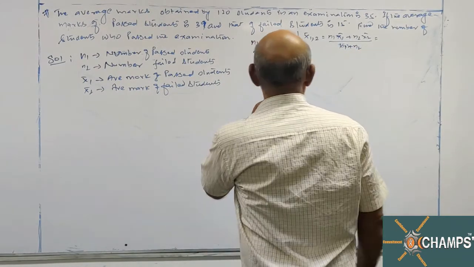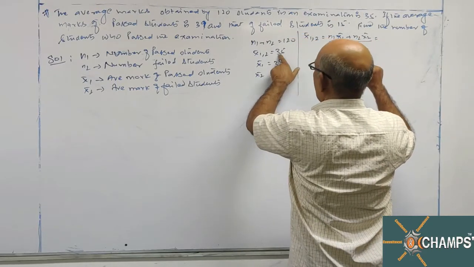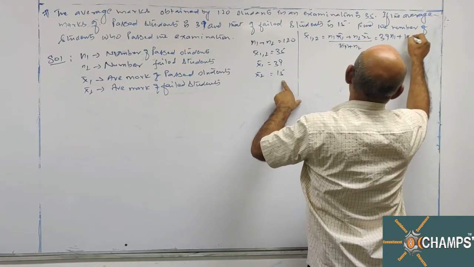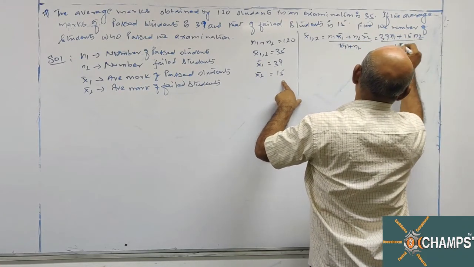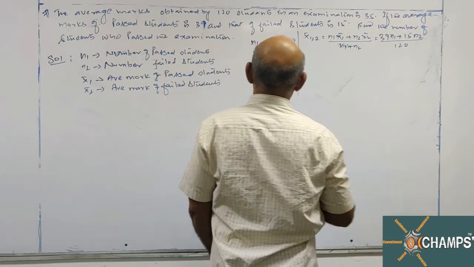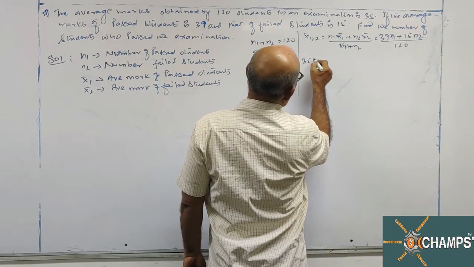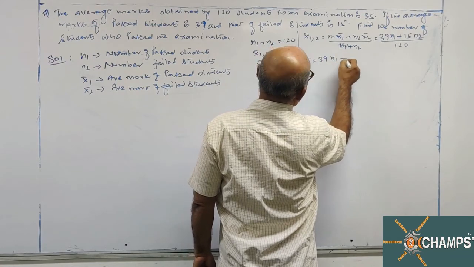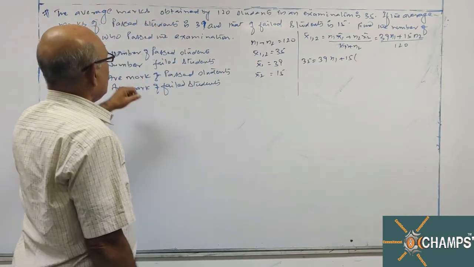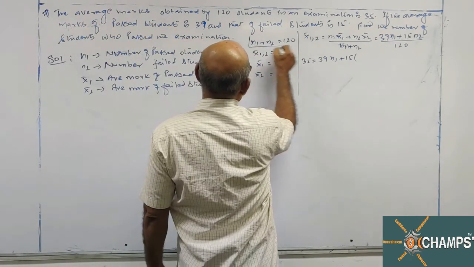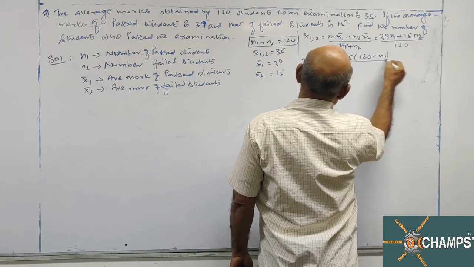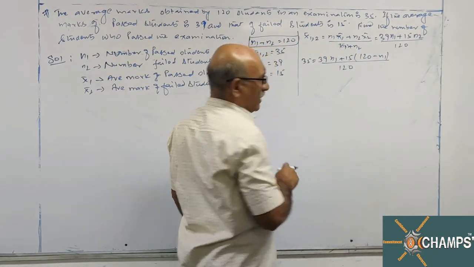So 35 is equal to 39 into N1 plus 15 into N2, divided by 120. Let me replace N2, sir. N1 plus N2 is 120. Now cross multiply.